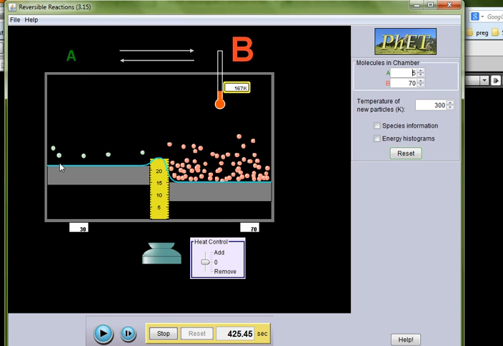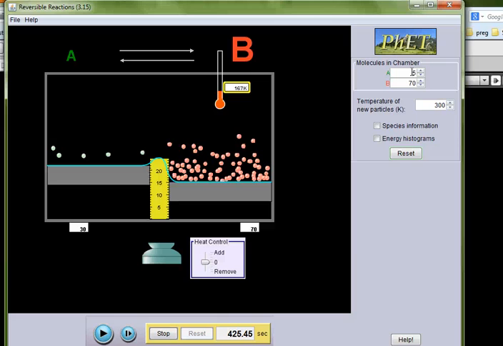What is the reaction quotient now? With these numbers, 70 of B and 5 of A, is that larger than the equilibrium constant or smaller than the equilibrium constant?